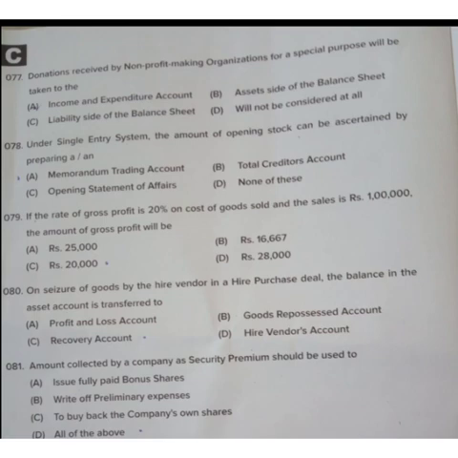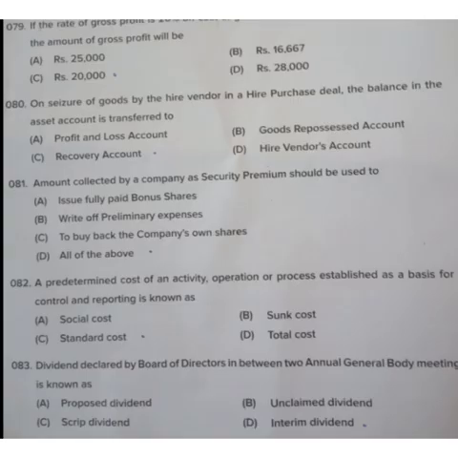25,000. On seizure of goods by the hire vendor in a hire purchase deal, the balance in the asset account is transferred to hire vendor's account. 81. Amount collected by a company as security premium should be used for all of the above. 82. A predetermined cost of an activity, operation or process established as a basis for control and reporting is known as standard cost. 83.